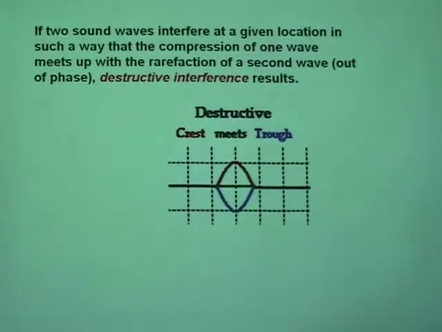So, suppose this is the particle. I'm going to make that big particle there. Now, according to the first wave, that particle is asked to move to the right. And according to the second wave, this particle is asked to move to the left. You see that?